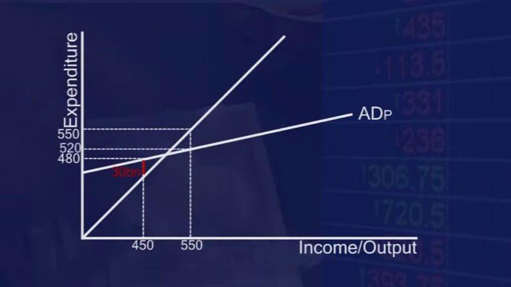So demand is 520, but the amount of output being produced is 550. So firms find that they're producing more output than anyone wants to buy. And this gap, this 30 billion gap, is an unplanned stock increase.